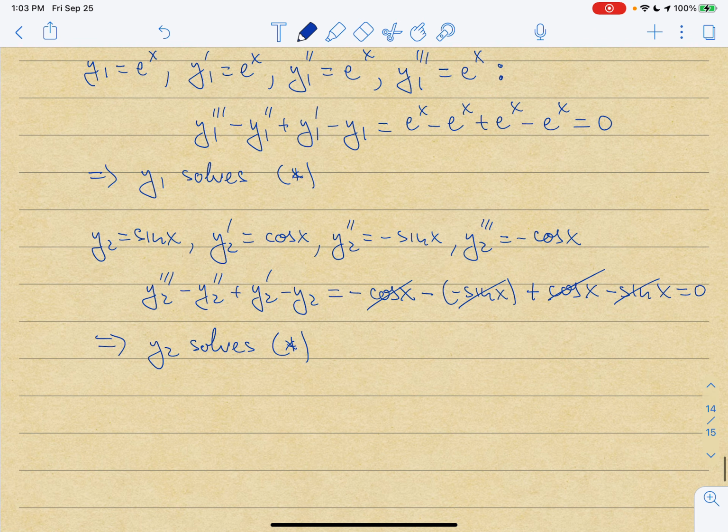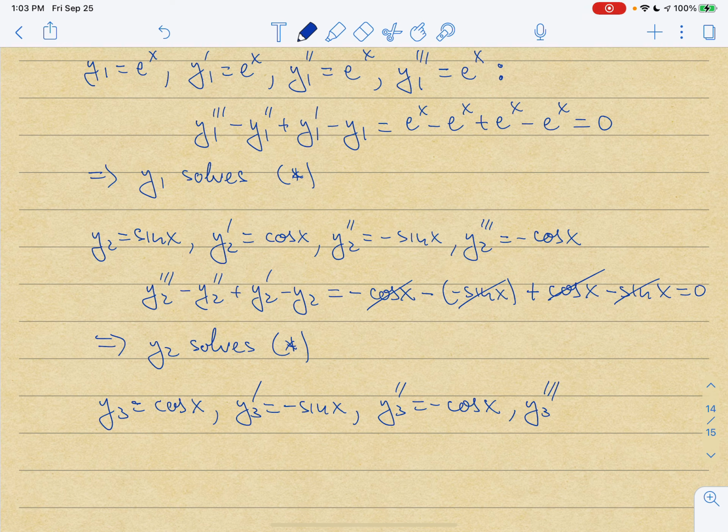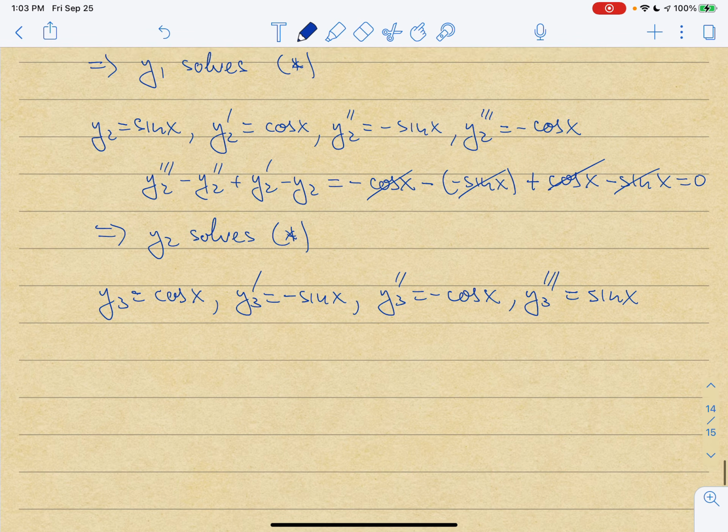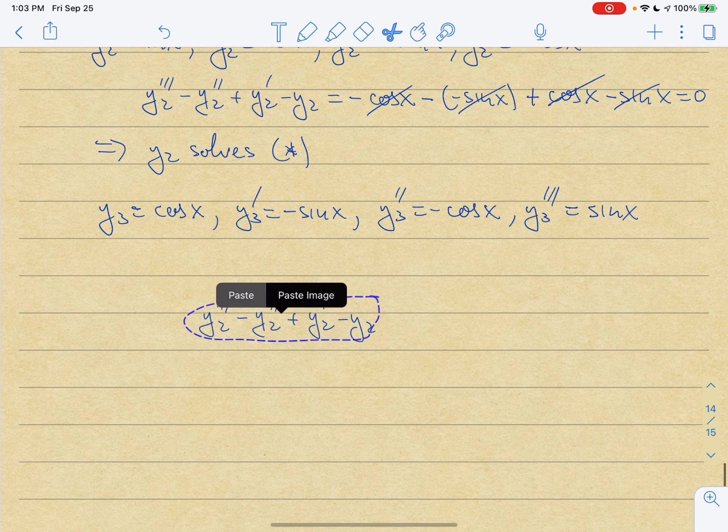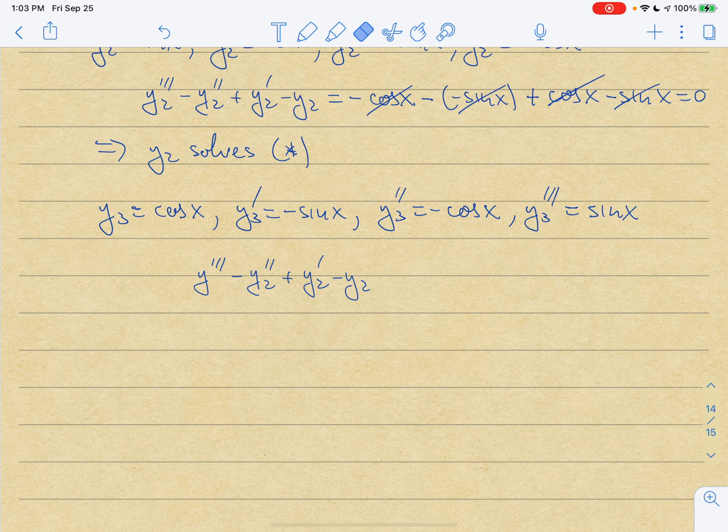And now let's repeat this for y3. So y3 is cosine of x. y3 prime is minus sine x. y3 double prime is then minus cosine of x. And y3 triple prime is sine x. So now we substitute that into the equation. So the left-hand side of the equation is like this, except that 2 should be replaced by 3.